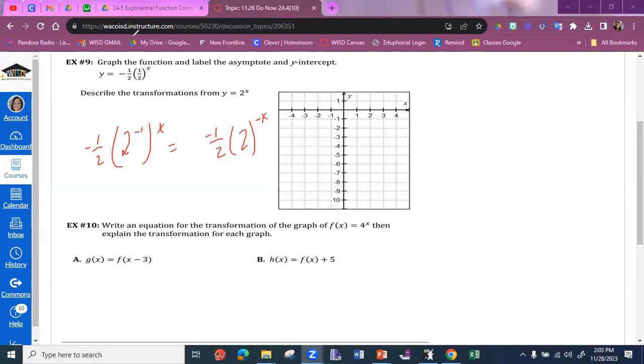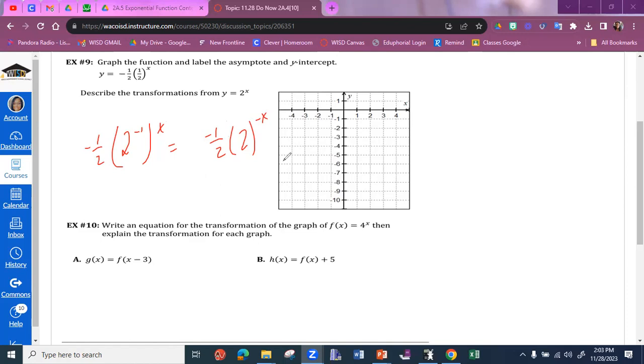So 1/2 became 2 to the -1, and I left the -1/2 there. And then from there, I just distribute the x, and it became -1/2 times 2 to the -x. So now, describing the transformations of what took place with this function.